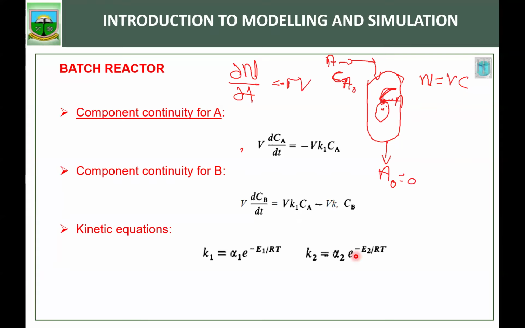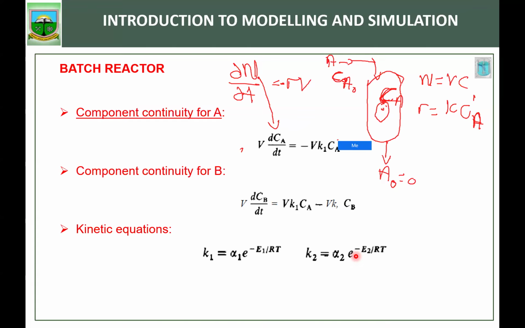So therefore, this here can now become C_A V dt. Then this one, r is equal to kC_A. If the order was squared, then we would have squared it. But it's first order reaction. So this is one. You get it? So that's why you have this here.